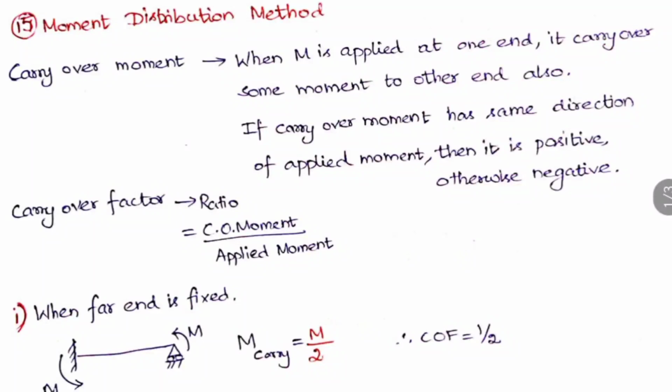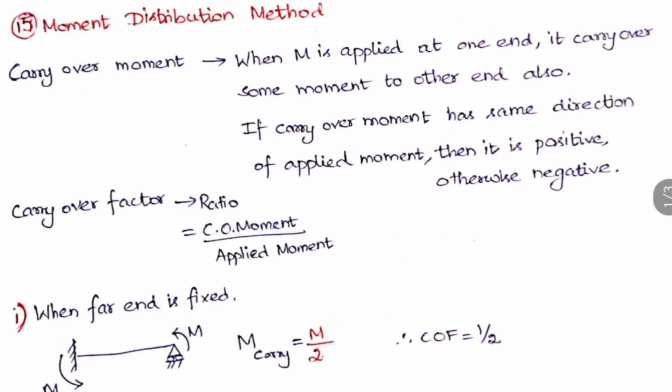If the direction of the applied moment and the carryover moment is the same, it will be positive; if it differs, it will be negative. The carryover factor is the ratio, that is, how much of the moment is actually carried over: carryover moment divided by applied moment.